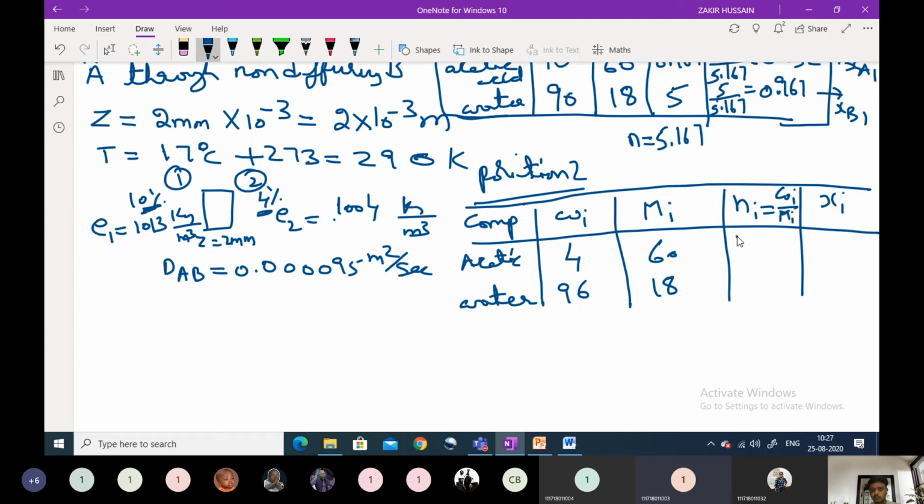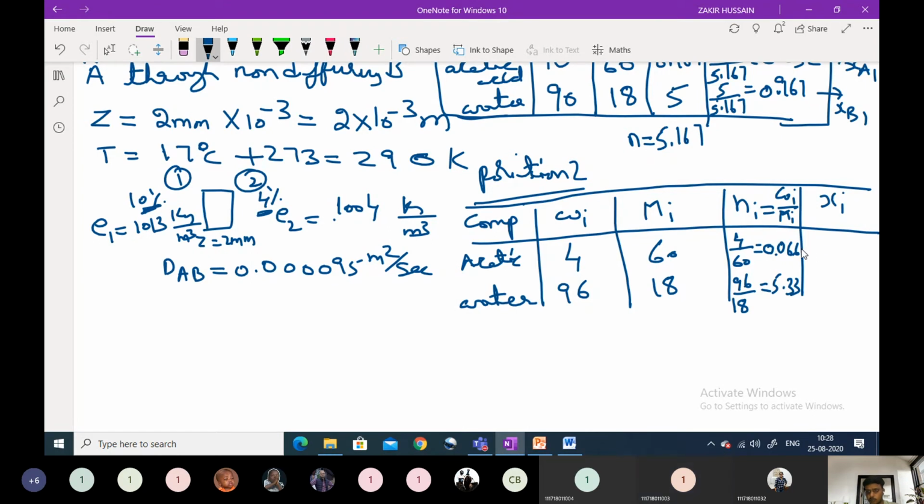So this is 4 by 60, which is 0.066. Then this is 96 divided by 18, which is 5.33.